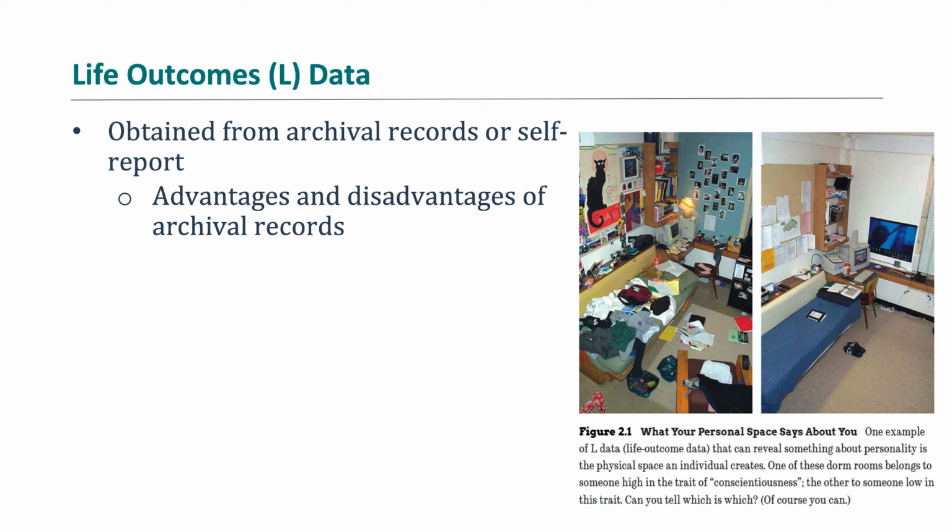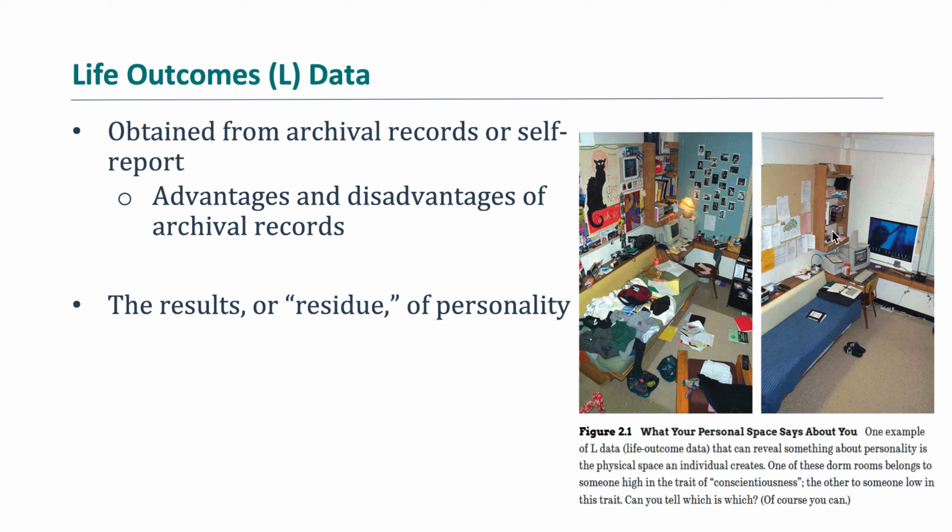The result of your personality might give us indicators of how much you make, or how your grades are. So it's how a person has affected the world and how that's played off of each other, and that's life outcomes. So a lot of times people will think of this as a residue of your personality, right?